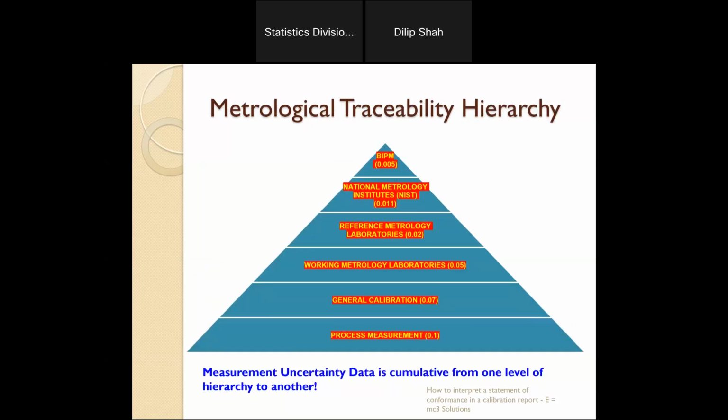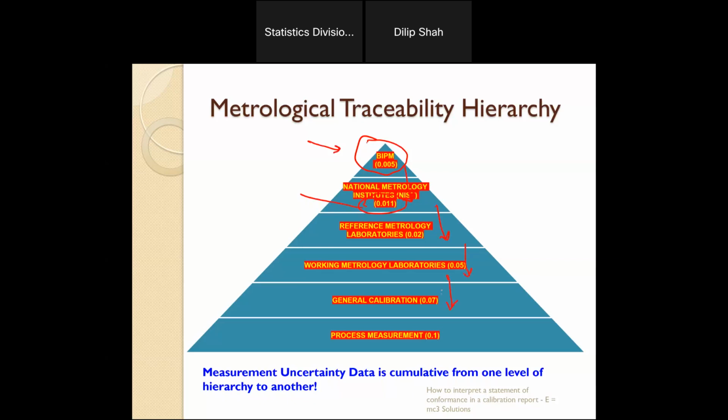And how that happens is at the top of this pyramid, we have the BIPM, the International Bureau of Weights and Measures. That has one of the SI units, and I'll talk about the kilogram because they define the kilogram, and that has an uncertainty of 0.005. NIST has its own kilogram, that has an uncertainty of 0.011. The 0.011 includes the 0.005, and so on.